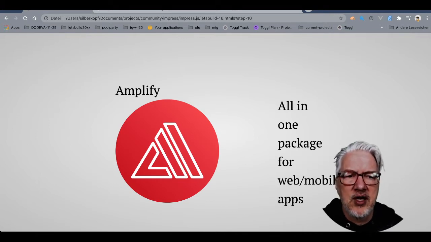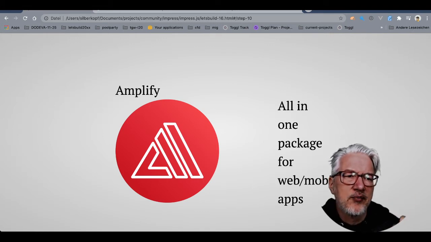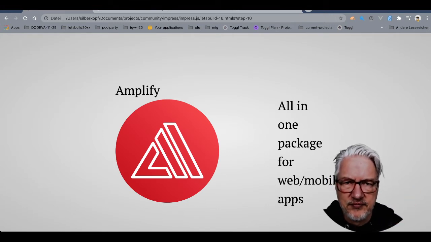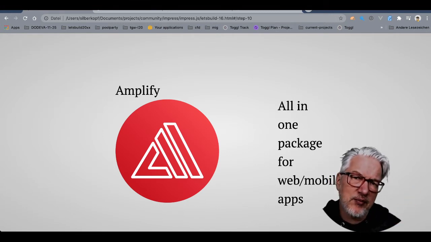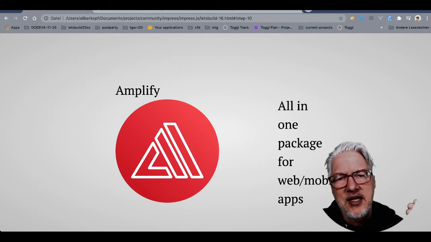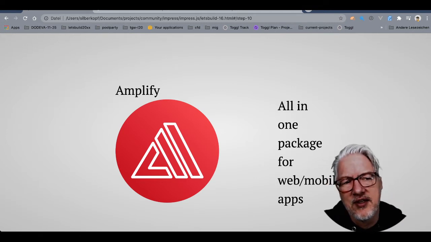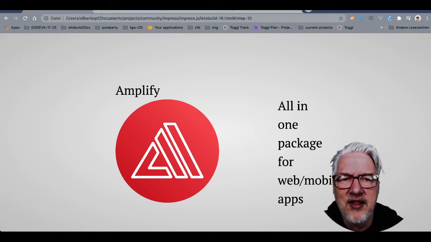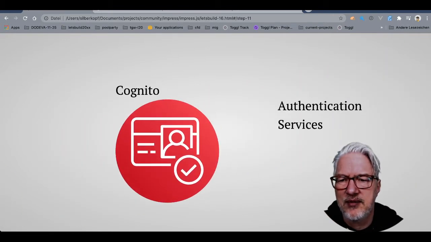And if you have an error, and with Amplify, I'm using it a lot right now, sometimes there are interesting things. It works like a charm most of the time, but if you have to debug something and you have a whole package and cannot look underneath, then it's harder to debug.